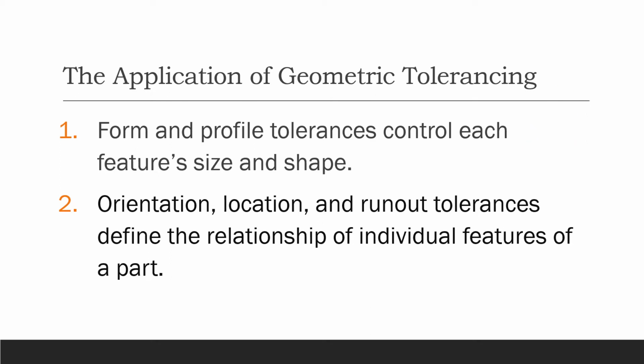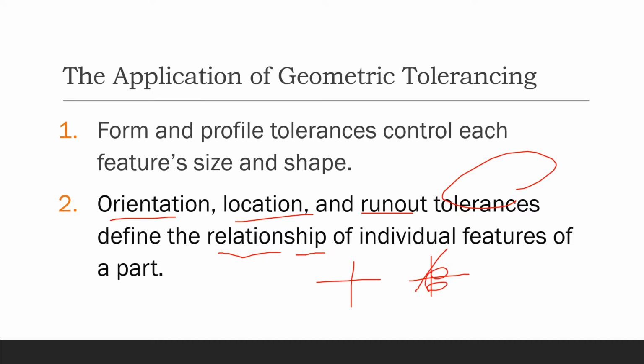Alright, orientation, location, and Runout, your rotation style tolerance. They define the relationship of individual features of a part, okay? If we think about orientation or location or rotation or Runout tolerance, we're talking about a relationship. It's got to be a relationship, because orienting something or locating something definitely needs a relationship, because you can't say where that is without a relationship to something else.